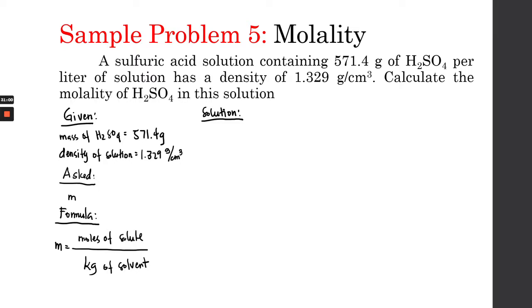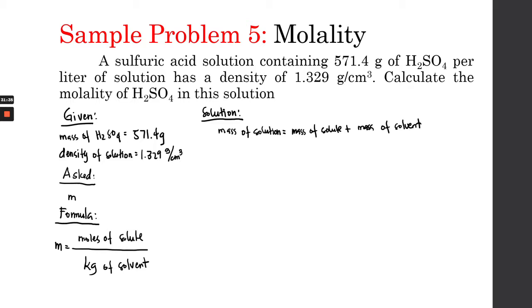Okay, so how are we going to do that? First, let's try to find the mass of our solvent, and we can do that. If you guys remember, the mass of solution is equal to the mass of solute plus the mass of our solvent.